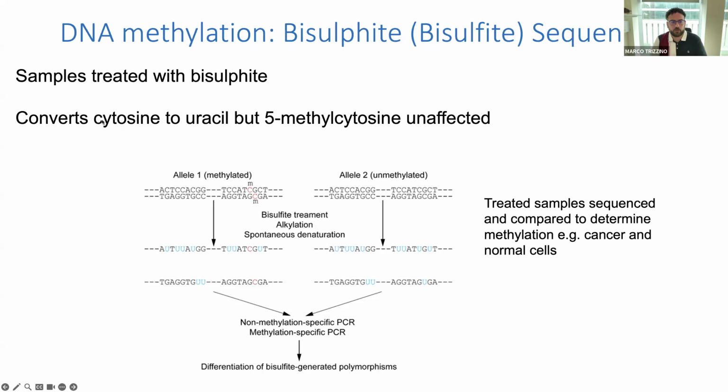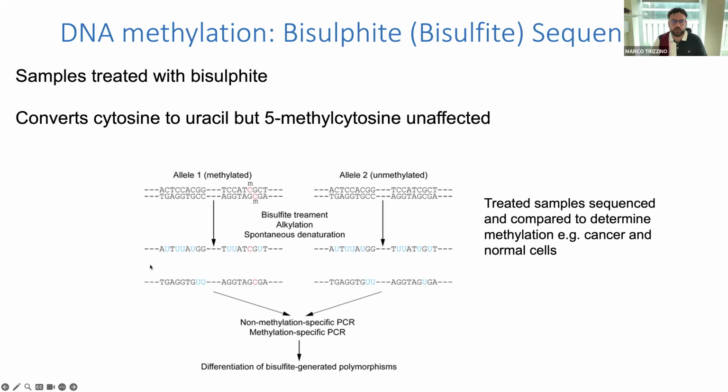And so what will happen is that bisulfite will convert cytosines into uracil, but when you have DNA methylation, your cytosine will not be affected by this and will remain a cytosine. So whenever your C is methylated, it remains a C. When your C is not methylated, bisulfite will transform it into a U. Again, Us are not present normally in DNA, but just in RNA.